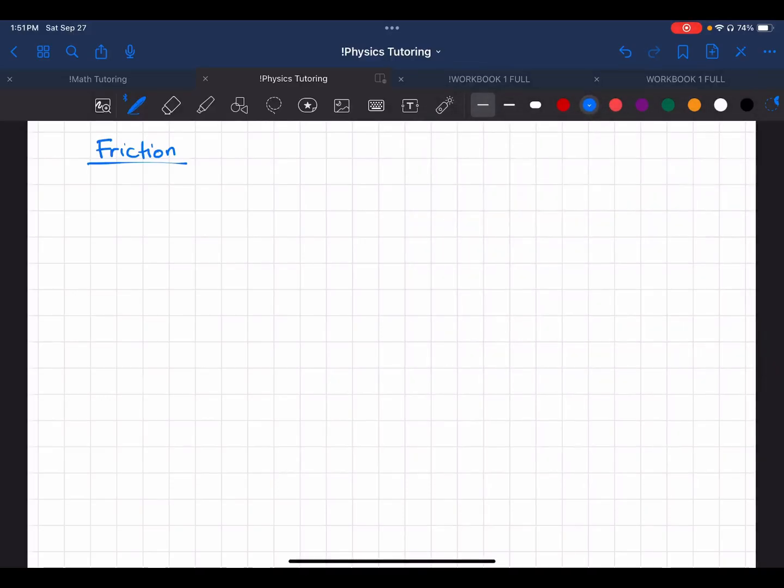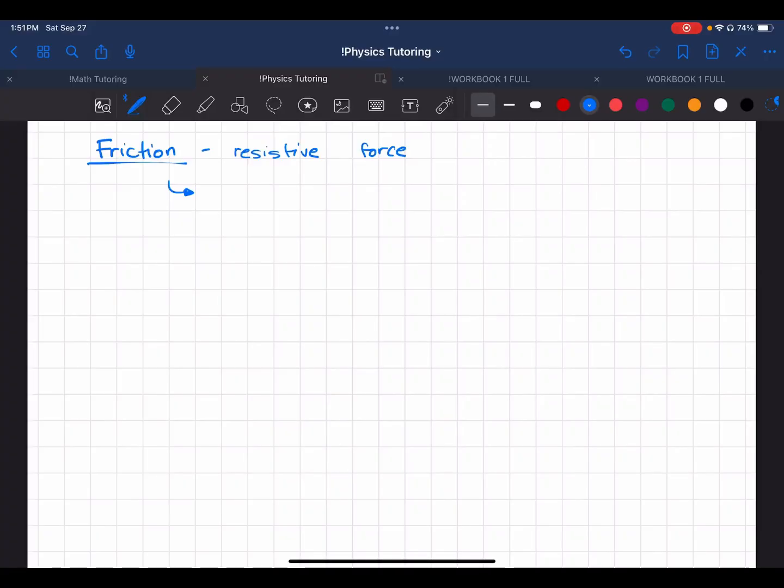So what is friction? Friction is one of our forces, right? It is a resistive force, and it can either be used in a good way or a bad way, right?